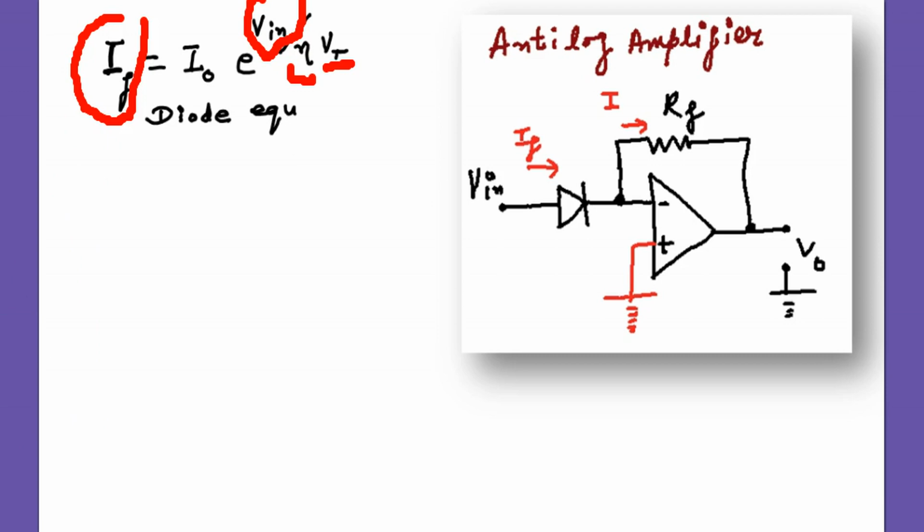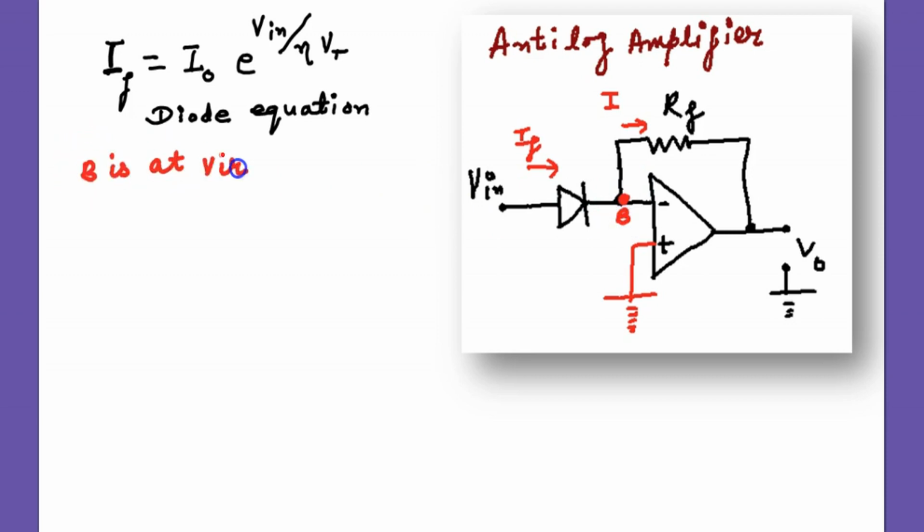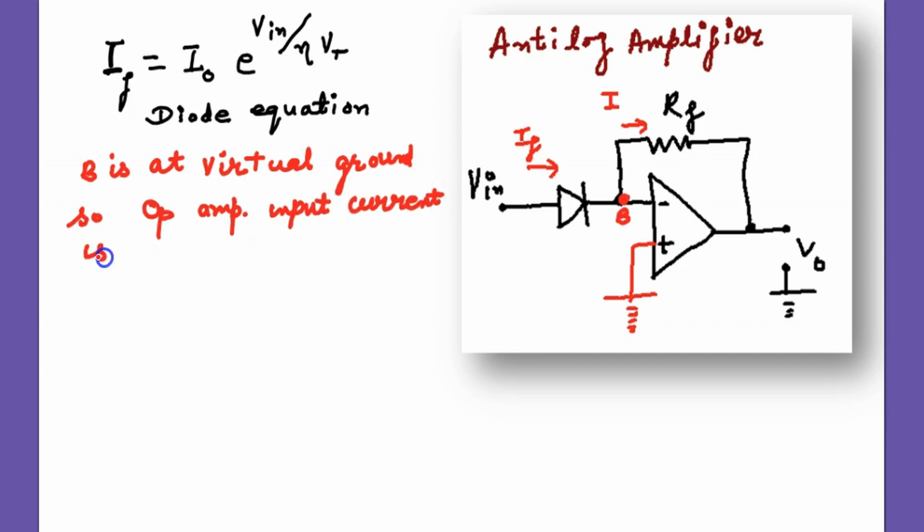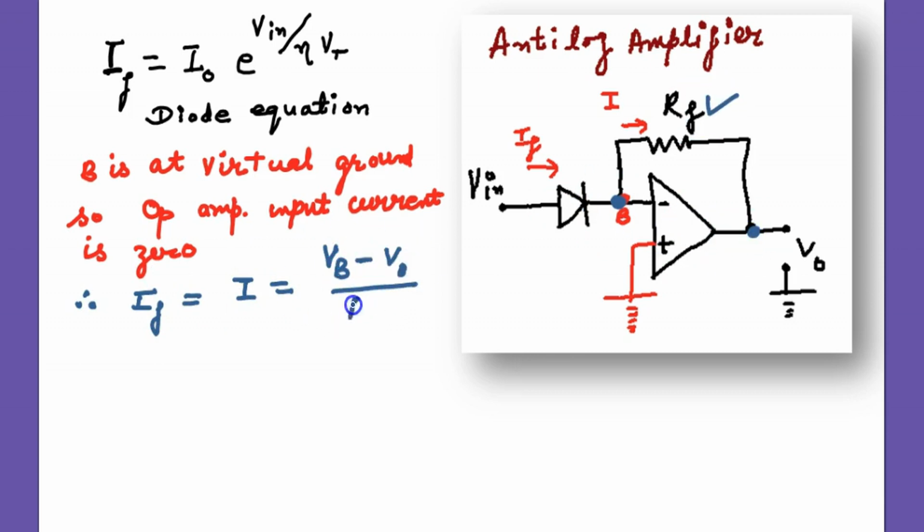Basically this equation shows that forward current is a function of the input voltage. Point B is at the virtual ground. The input current drawn by the op amp is always 0 under ideal conditions.